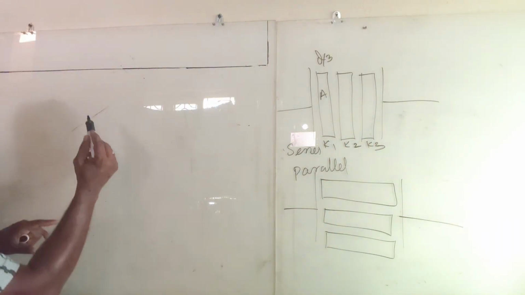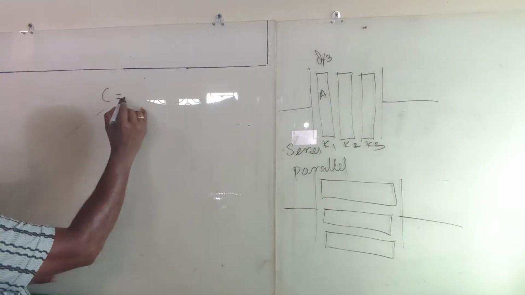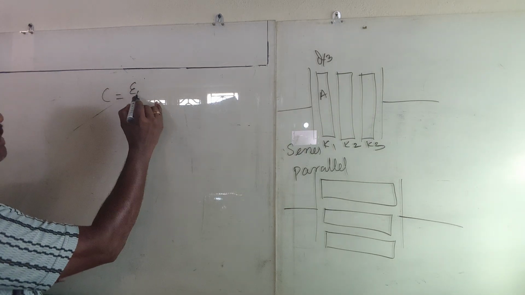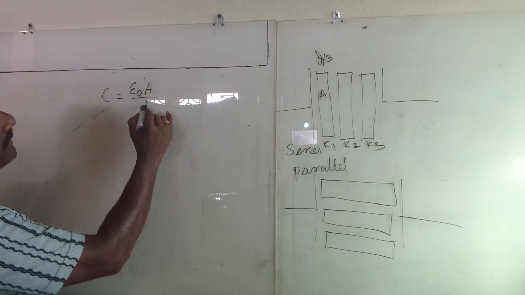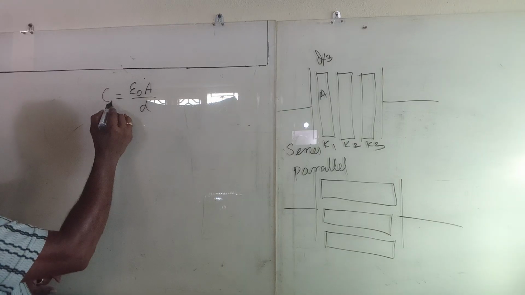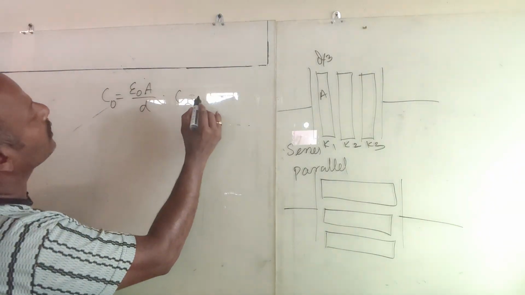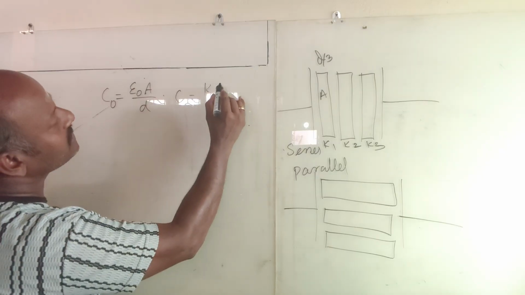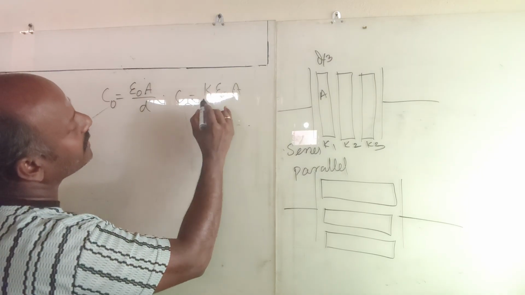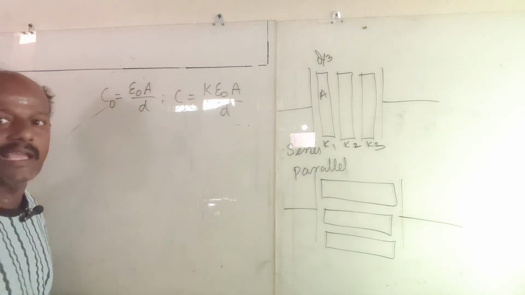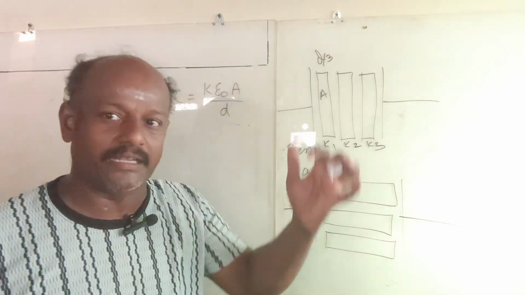I know that C is equal to epsilon naught A divided by D, and especially when it is air, C naught. If it is a medium, C will be equal to K times epsilon naught A divided by D, where K is the dielectric constant. We have already seen that.